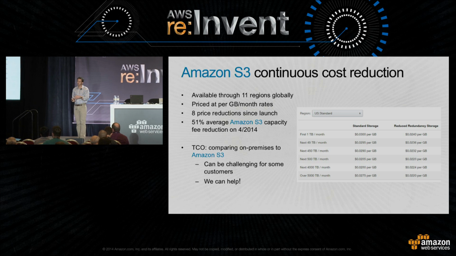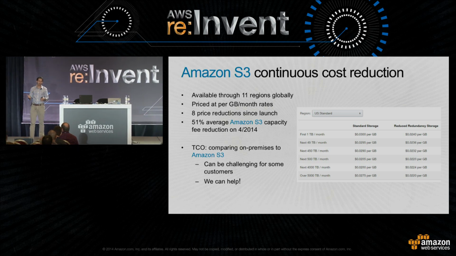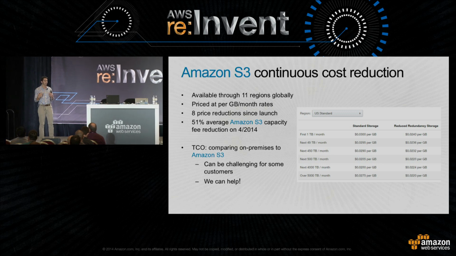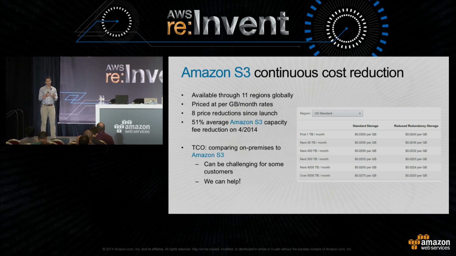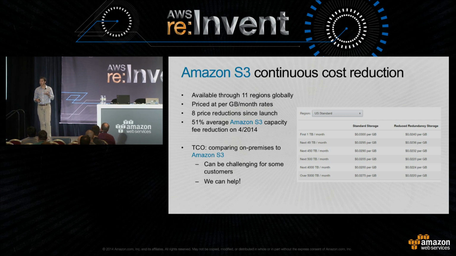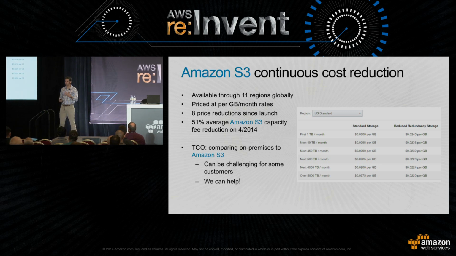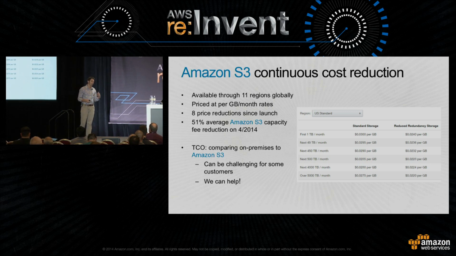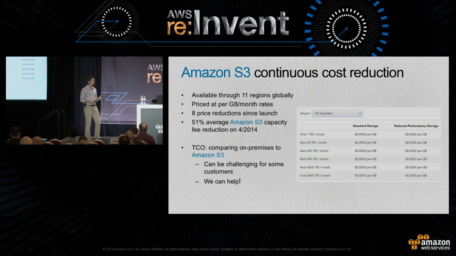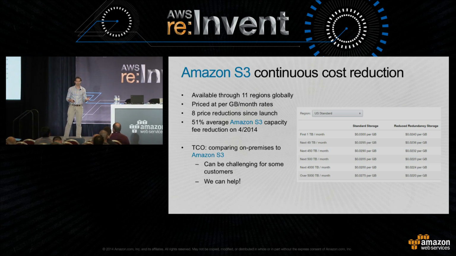Which then brings me to the topic of TCO, how do you look at your own costs, at the cost of hardware-based storage? Make sure you take into account the cost of the hardware, the software, the maintenance, the associated data center costs, power and cooling, the administrative overhead required to manage the systems, and the cost of capital tied into the upfront procurement of those systems.